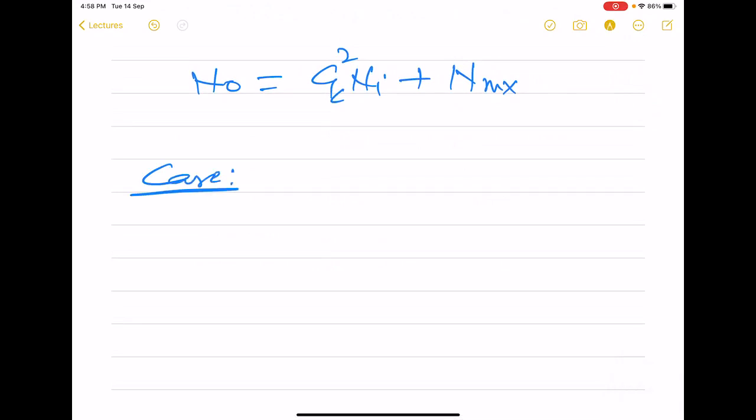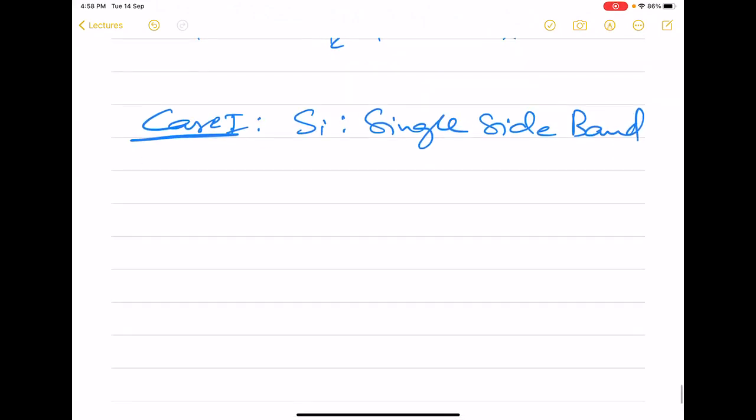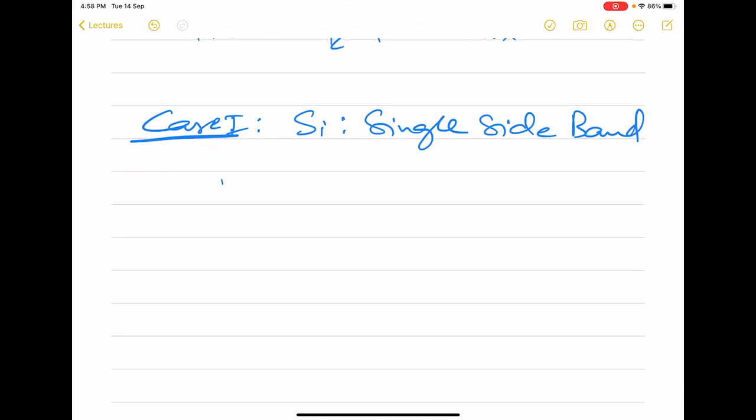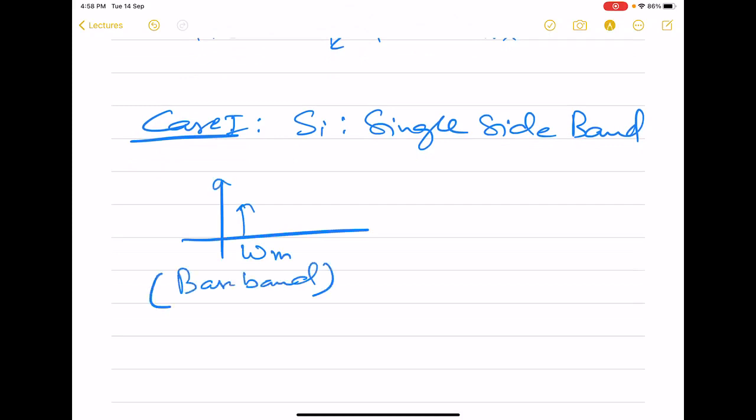So first we will consider case 1, that of the input signal being single sideband. We know that in single sideband, if this is my message signal, which is the baseband, then it is up converted and then transmitted.